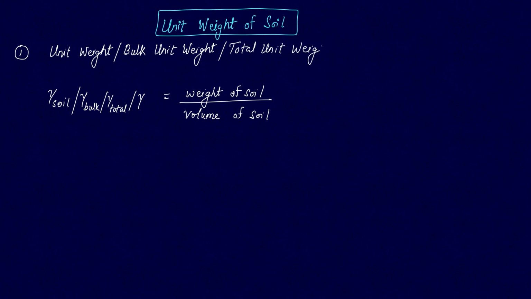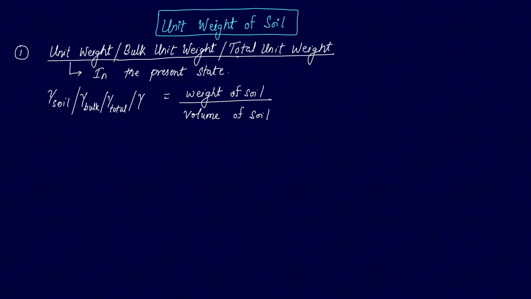But what is meant by the total or bulk unit weight? It is nothing but the unit weight of soil in the present state of soil. But also remember that the present state of soil can be a dry state, an unsaturated state, or even the saturated state.